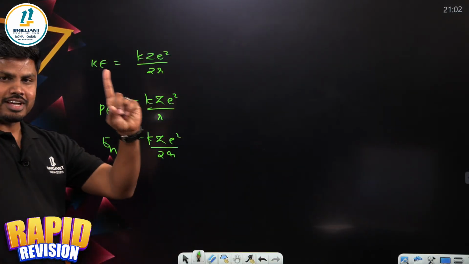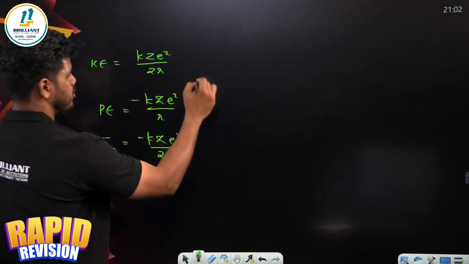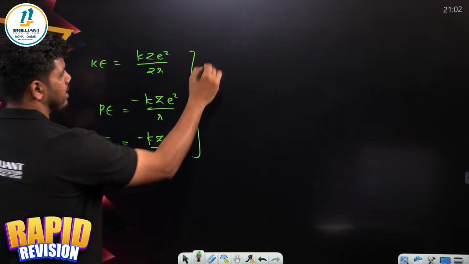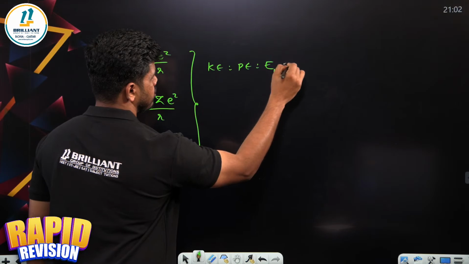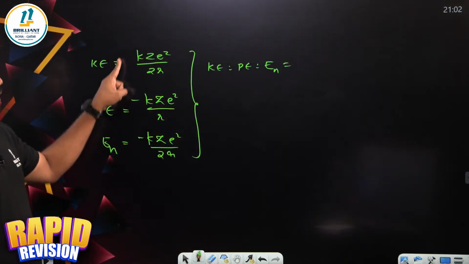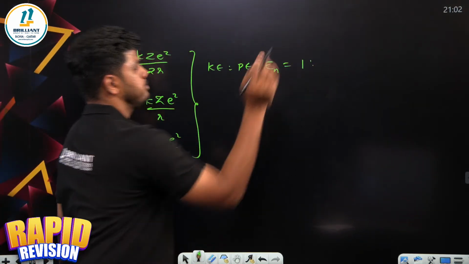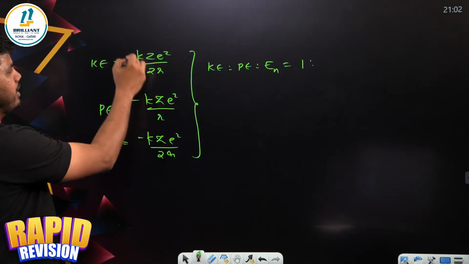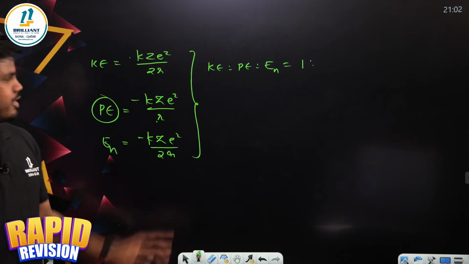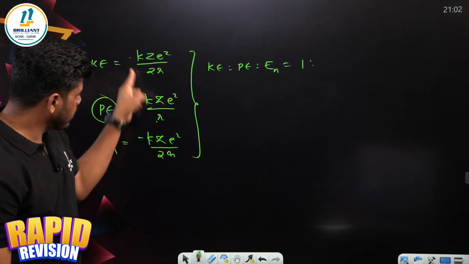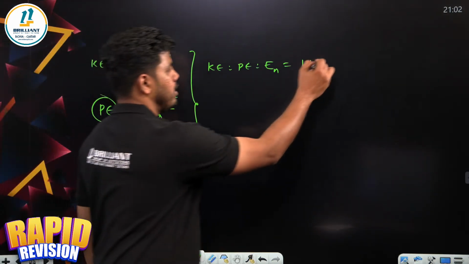Kinetic energy is to potential energy is to total energy. If you take kinetic energy as 1 unit and multiply it by minus 2, you will get potential energy, correct? The 2 gets cancelled, the minus sign remains. So 1 is to minus 2.